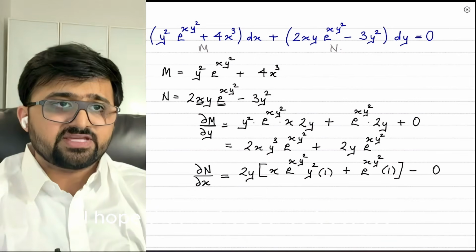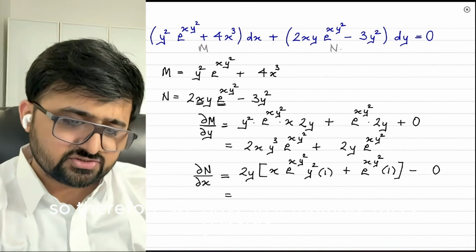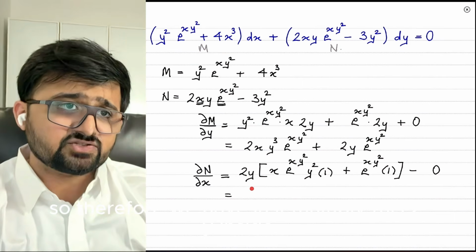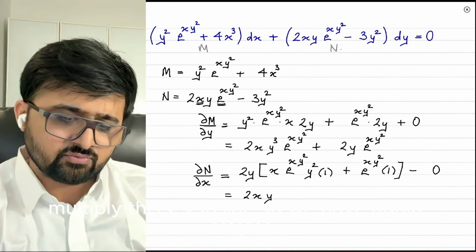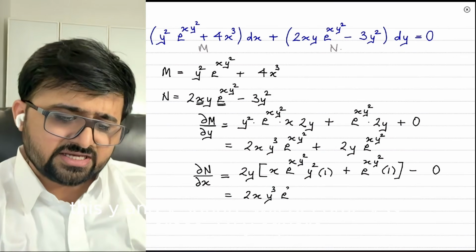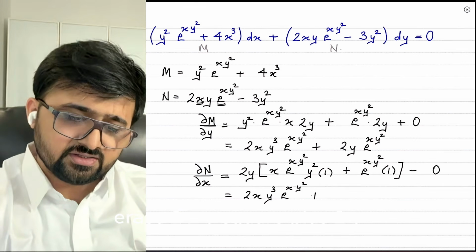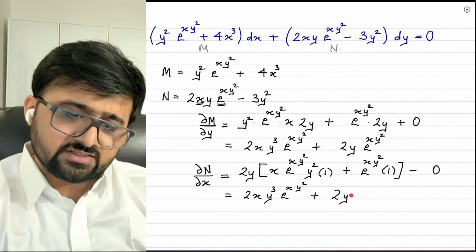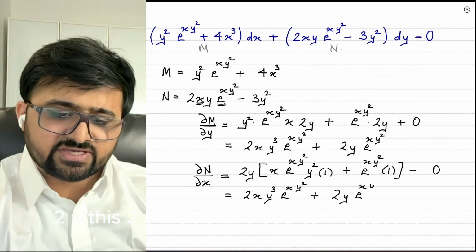I hope that makes sense because derivative of y square with respect to x is 0. So therefore we just multiply this 2y inside. So we have again 2xy cube, this y and y square will become y cube, e raised to xy square plus 2y, this 2y inside, e raised to xy square.